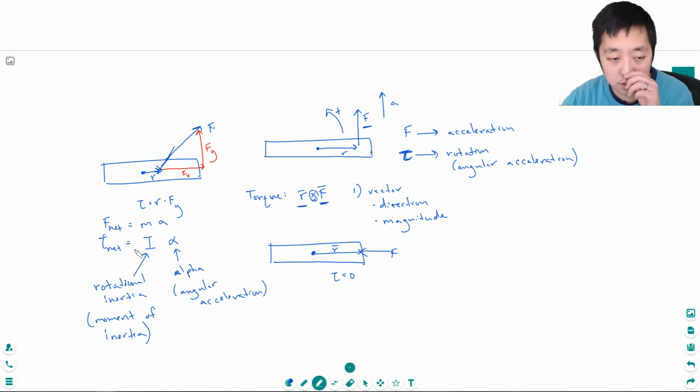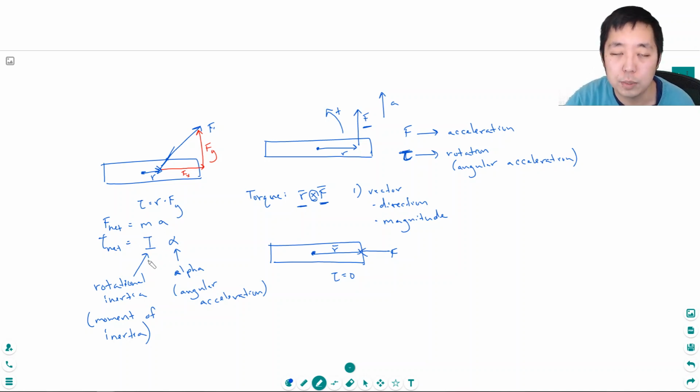And you don't have to know how to compute I for an object in AP Physics 1. In principle, it is simply how hard it is to rotate an object. Having more mass can make it hard to rotate, but where the mass is positioned can also make something hard to rotate. I know that's really ambiguous, but I is typically just given to you as far as AP Physics 1 is concerned.